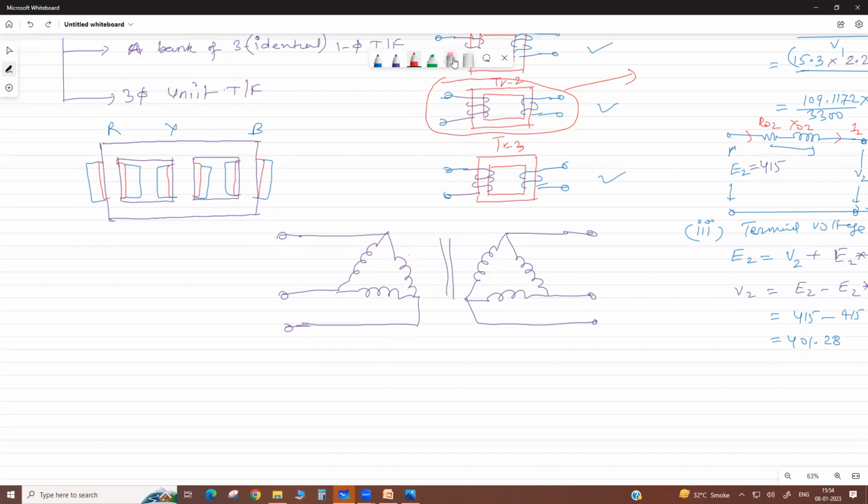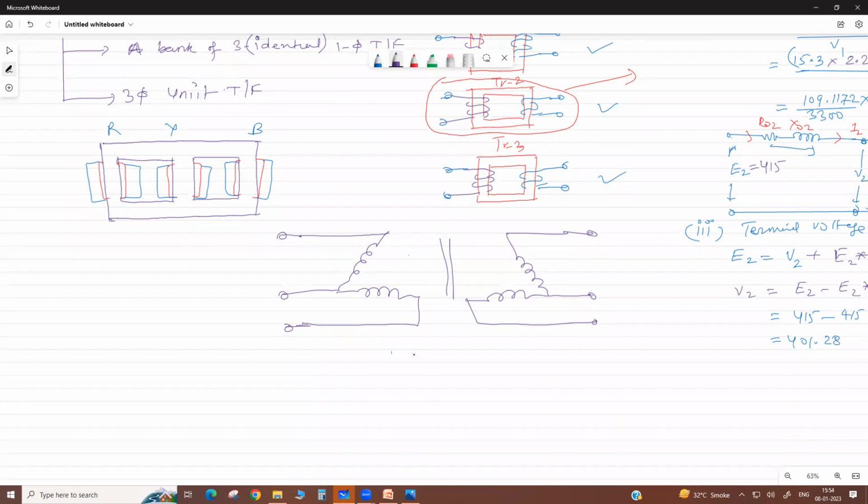So if one transformer is damaged, then we can remove this faulty transformer, temporarily, for some period until the second unit, the new unit, comes and we replace it. Till then we can operate in open delta.